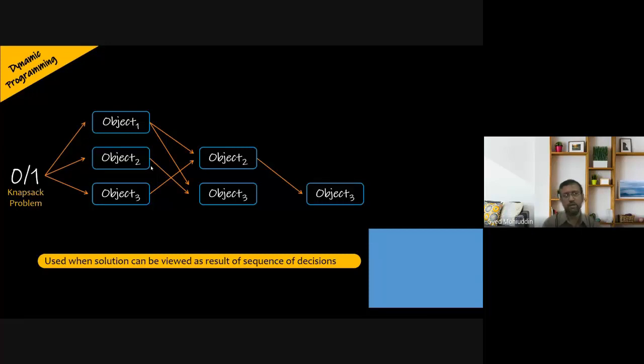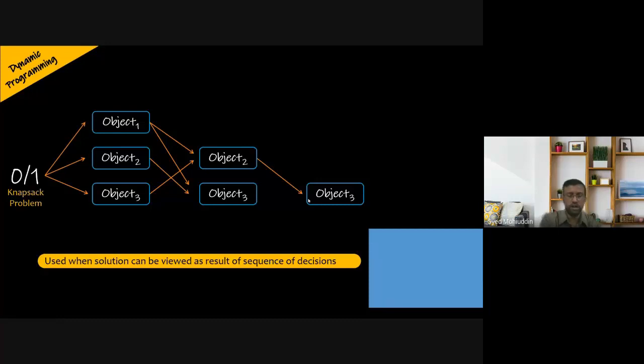And if the next decision is to select object 2, we have to select object 3. Now suppose we select object 1 and we may not select object 2, we can select only object 3 as the second decision. The same way, if object 3 is selected, the next object 2 can be selected, then object 3 can or cannot be selected, depending upon the choices.